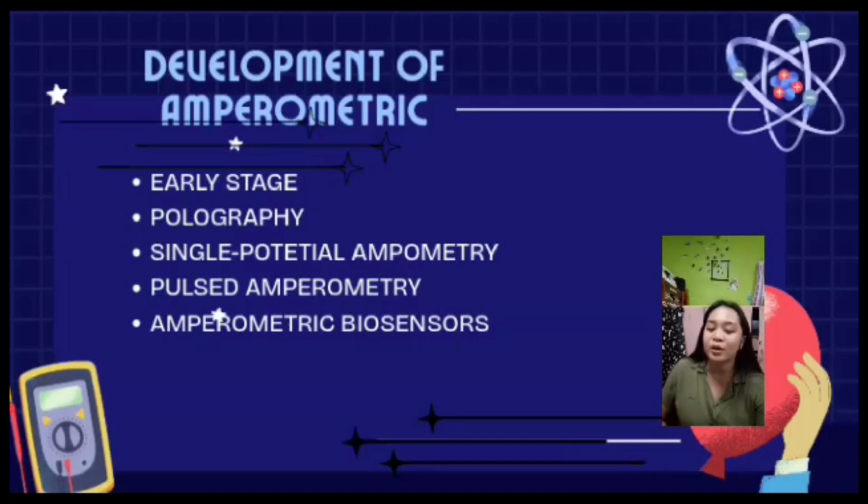This technique involved applying a series of voltage pulses to the electrode, enhancing sensitivity and allowing for the detection of fast responding analytes. And lastly, amperometric biosensors. In recent years, amperometric biosensors have gained prominence. These sensors combine carbon electrodes with enzymes or other biomolecules to detect specific analytes like glucose or amino acids.